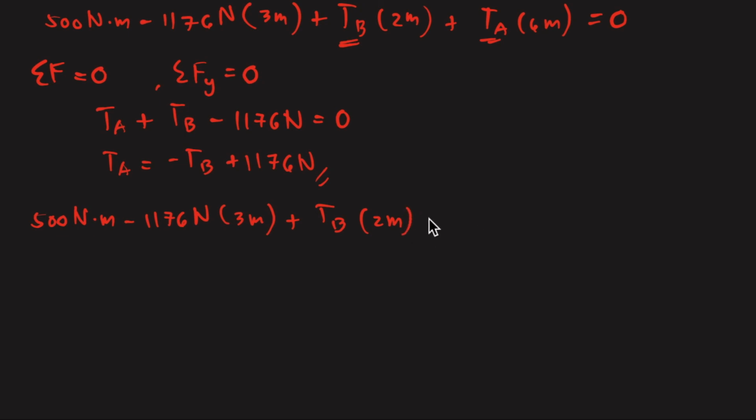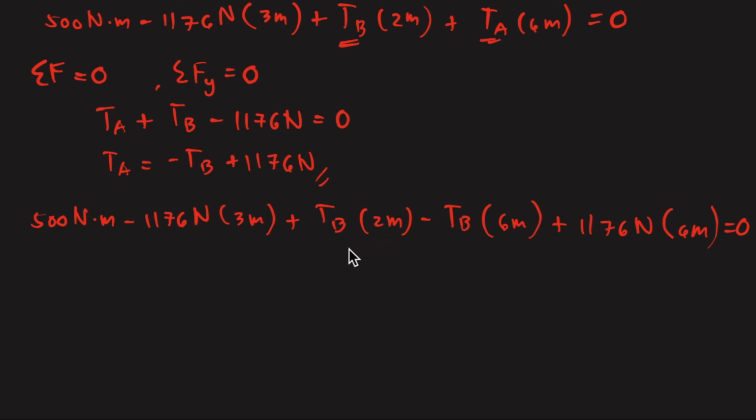Okay, so now plus, we have negative TB, so let's make it negative TB times this 6 meters, and then plus 1176 newtons times 6 meters. Again, this is equal to 0.